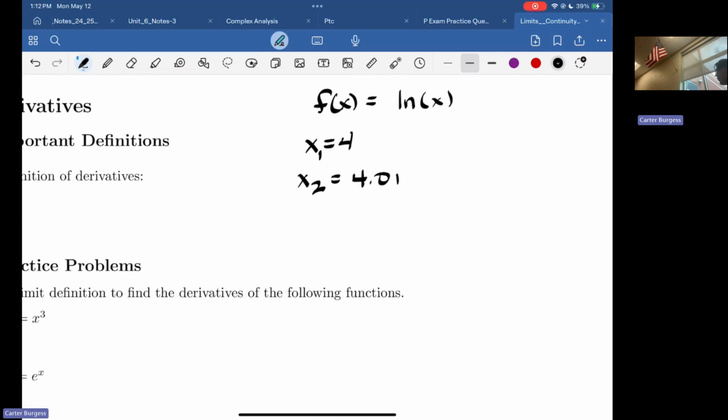And then we could do the slope of this particular function using that point. In this case, slope we know is y2 minus y1 over x2 minus x1. How would I find the corresponding values for y1 and y2? Plug in the particular values for x. So if x1 is 4, what is y1 going to be?